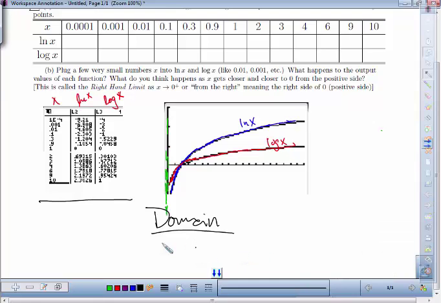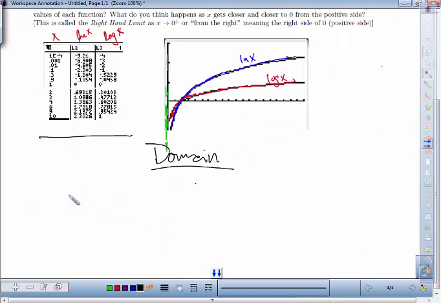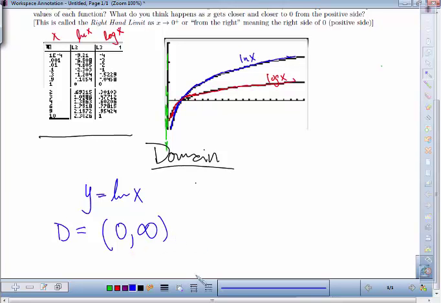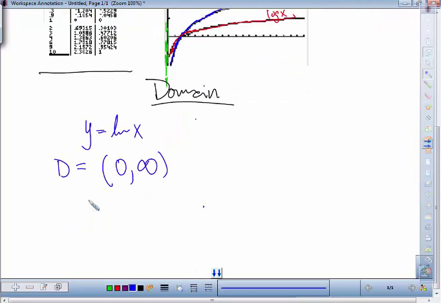For y equals ln x, the domain is going to go from open parentheses 0, infinity, also open. So infinity is always open, right? So log and ln have the same domain, huh? Interesting. Well, not really, but.